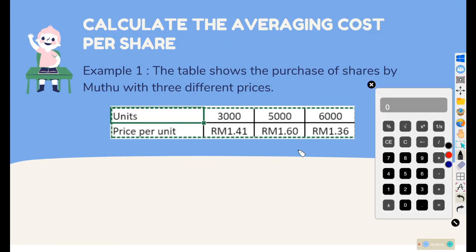Okay, we want to see the example here. The table shows the purchase of shares by Muthu with 3 different prices. Now you want to calculate the average cost per share. This one is easy. First, you need to find the investment amount. So how to find the investment amount?